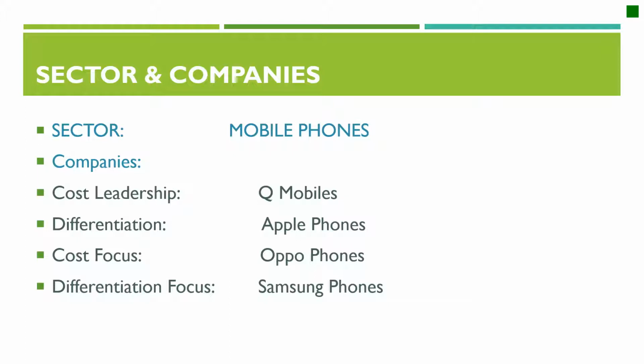Apple phones are only compatible with Apple computers, Apple laptops, and other Apple products, but Samsung phones can be compatible with other cell phones as well. So here people will obviously think about whether to buy an Apple phone or a Samsung phone, because Samsung phones can provide better services. So this is an example of the sector, and this is an example of the companies which I have discussed in cost leadership, differentiation, cost focus, and differentiation focus.